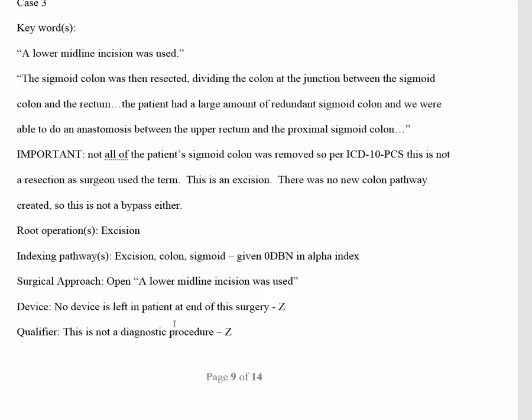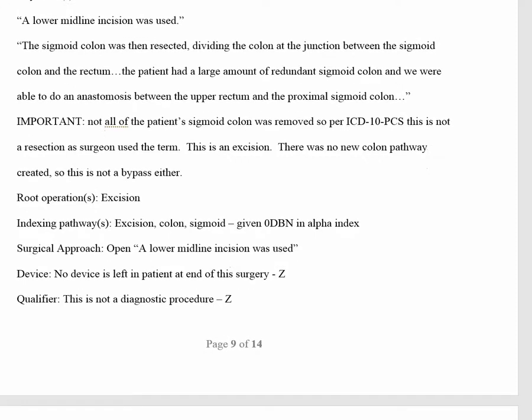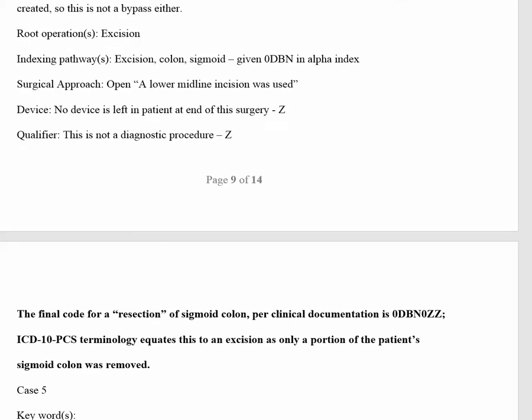Was a device left in the patient? No. Was this diagnostic in nature? No. They knew this patient had cancer when they walked into surgery on that particular day. So per the clinical documentation that we were given, this is an open excision of a piece of the patient's sigmoid colon. The final code is 0DBN0ZZ.